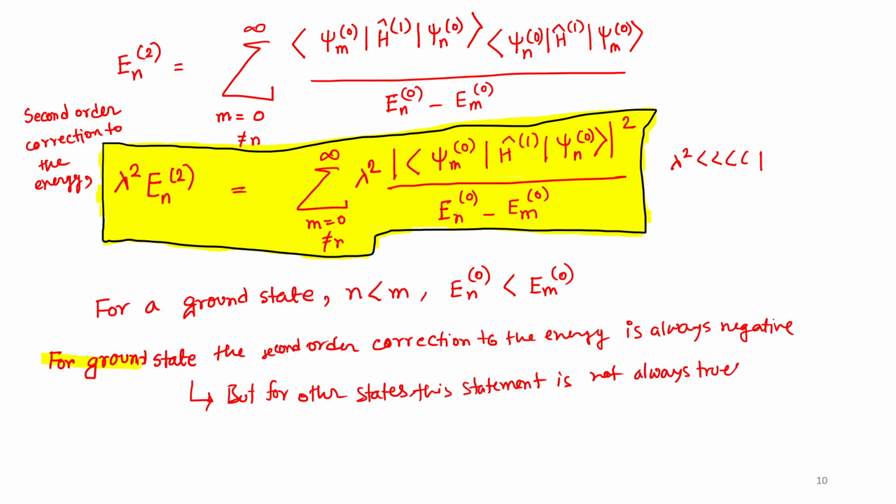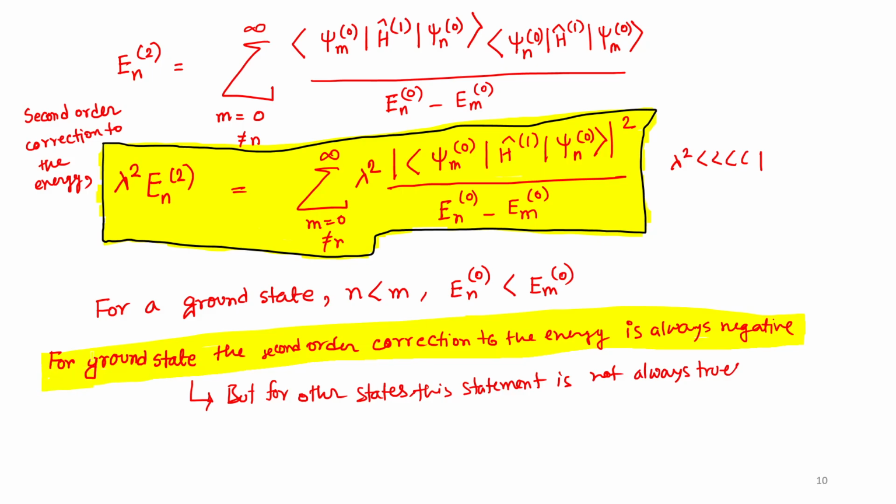For the ground state the second order correction is always going to be negative. Why? Because for the ground state, n is always going to be lesser than any other state m, and that's why your zeroth order energy En is always going to be lesser than Em.